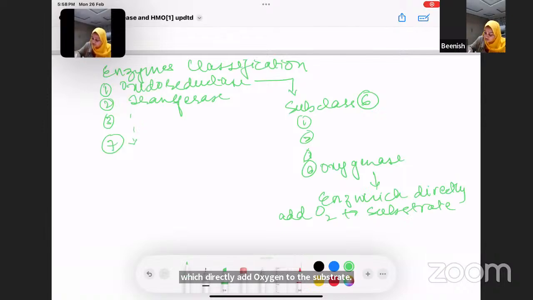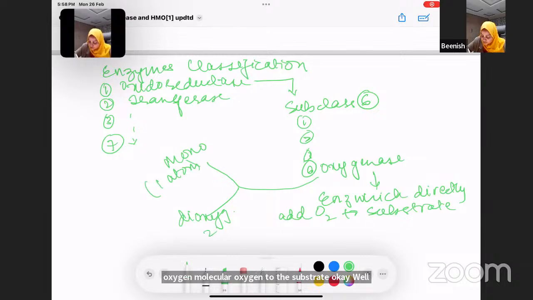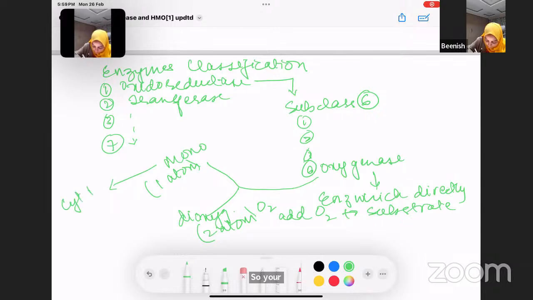Now, these oxygenases can again be classified into 2 types: monooxygenase and dioxygenase. Monooxygenases are those which add one atom of oxygen, molecular oxygen, to the substrate. Okay, one atom. And dioxygenases add both the atoms of oxygen. So your cytochrome P450 is an example of monooxygenase. It is a monooxygenase enzyme. It is a heme containing enzyme.